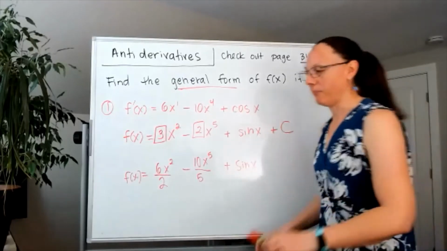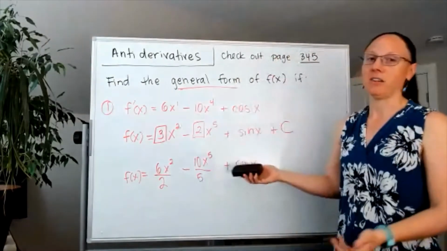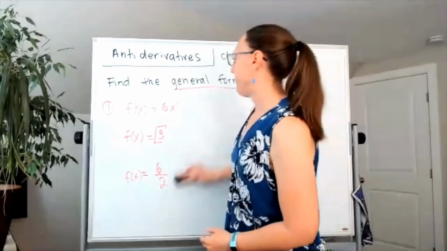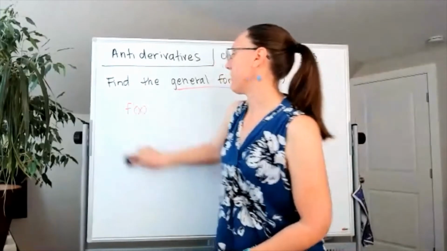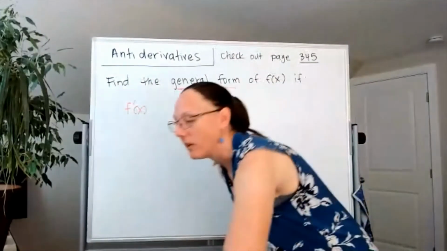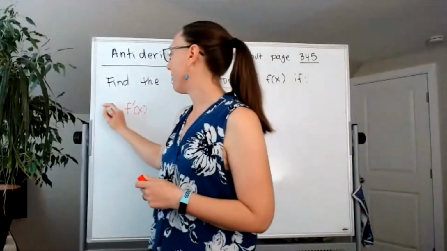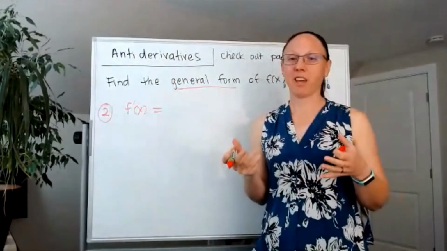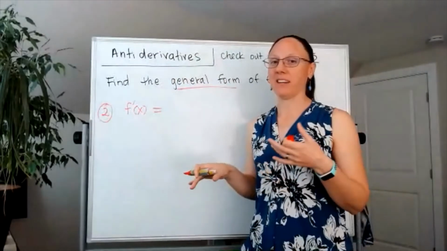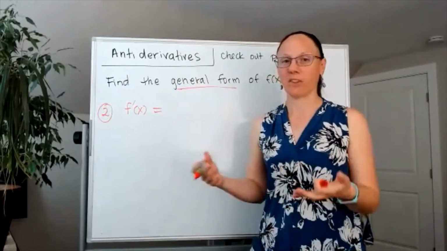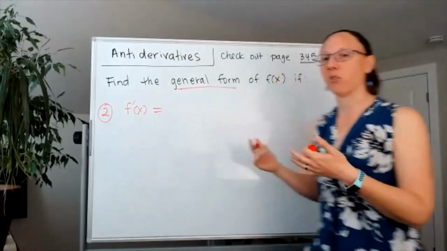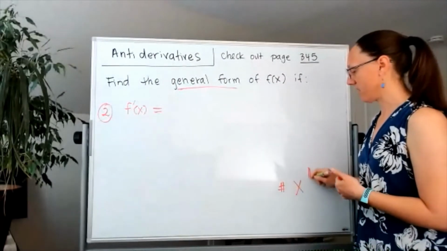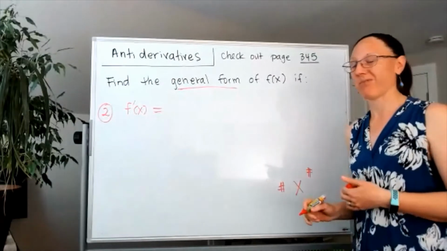Okay, more fun with antiderivatives. If we can take antiderivatives of polynomials, then sometimes we're going to have to get clever and look at what we have and turn it into something that looks more like a polynomial, or generally looks like a number times x raised to a number.